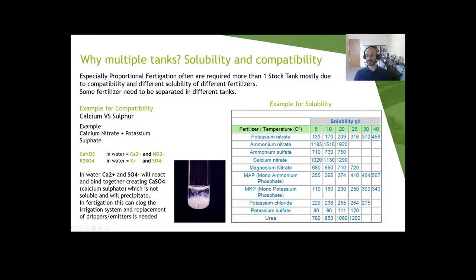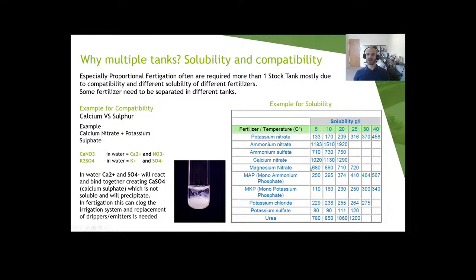You have to absolutely replace it, and you're spending money. And something even worse can happen: if you suck this precipitate and it goes into the greenhouse and to the drippers, you clog the whole system, all the drippers, and you have to replace all the greenhouse drippers, and it's a huge cost, of course.